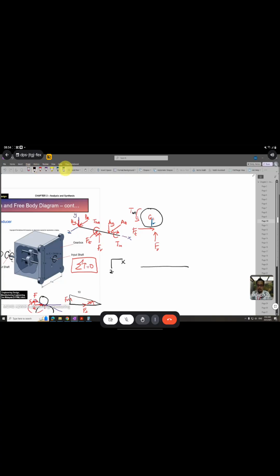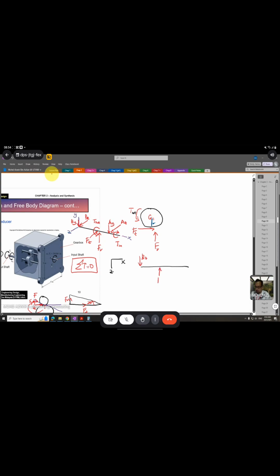Here you can see Z is acting downward if you look at the top plane, and X will be on your right. Then you put the forces. You have Bz, then we have FT here, and then you have Az.